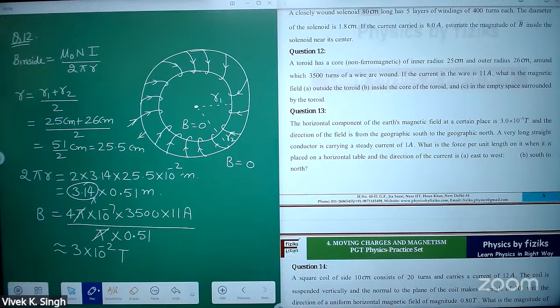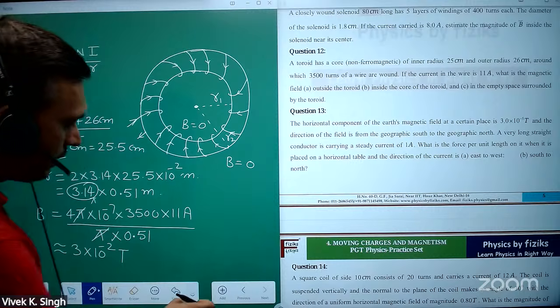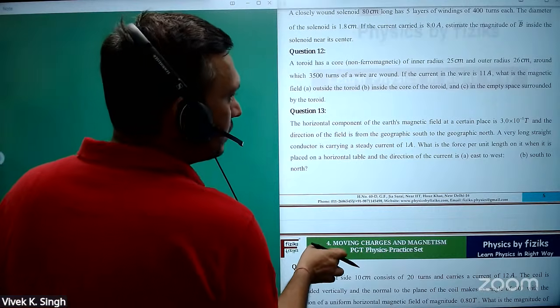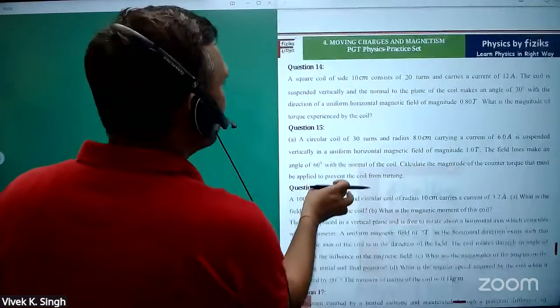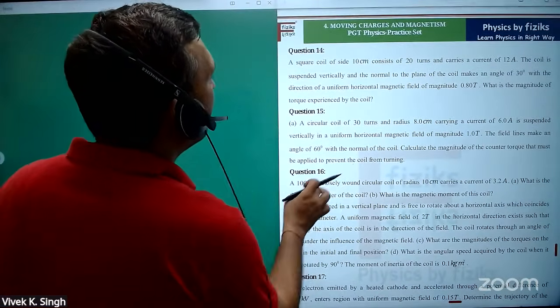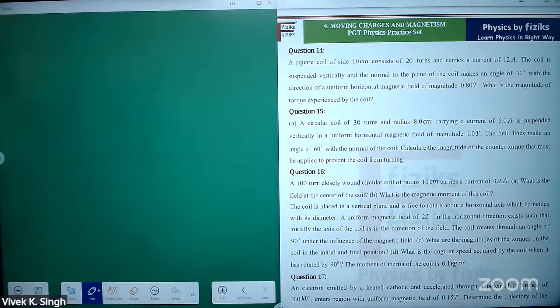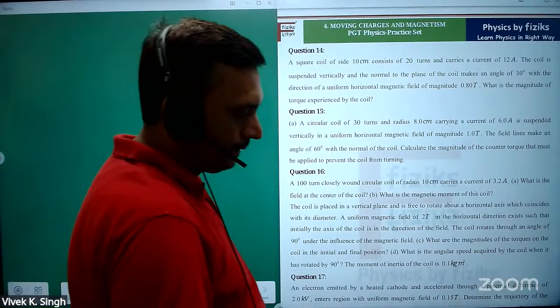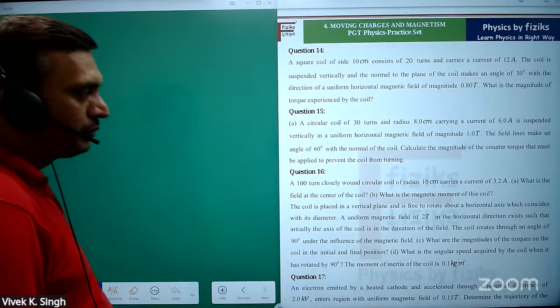Now we will see some other question. Now see question number 14. Try to solve question number 14.